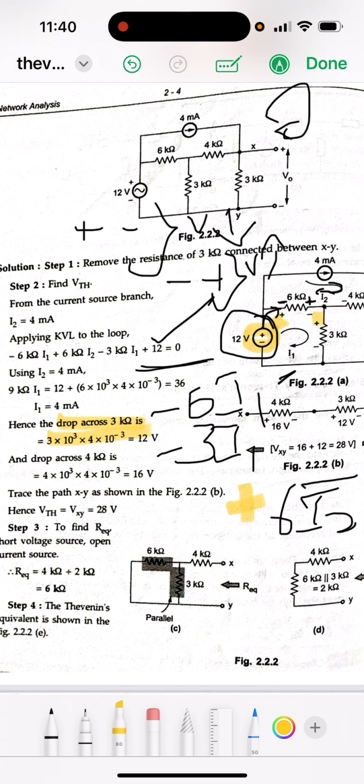So I1 into R. Then 4 kilo ohm, again IR. Then add the two drops, you will get VTH, 28 volt. That's all.